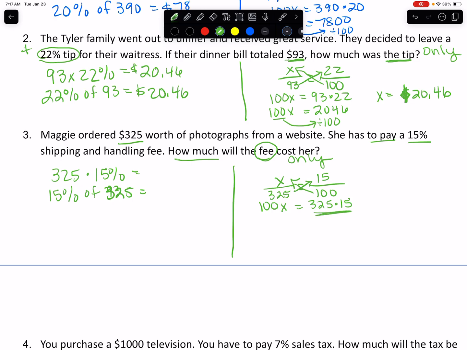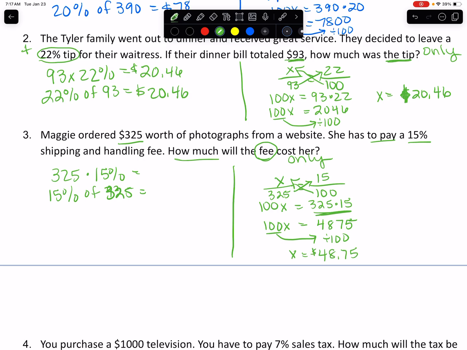Why do I do that? Because I can do this side, but I can't do anything to the 100x, so I bring it down, use my calculator, and I do 325 times 15, and you get 4,875. Last step is to divide by 100. x equals $48.75.